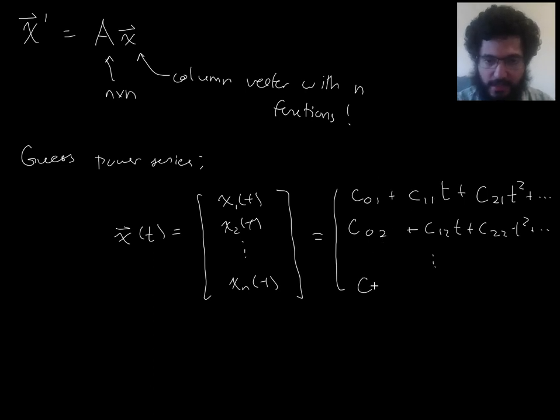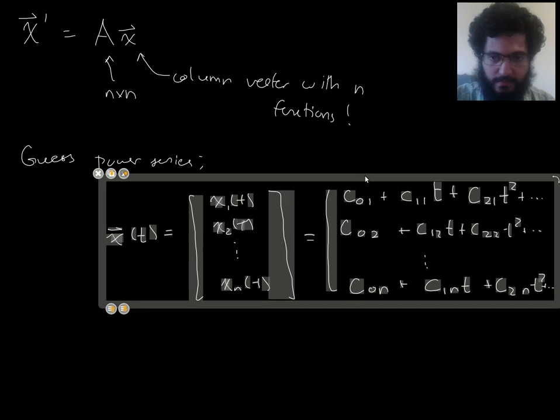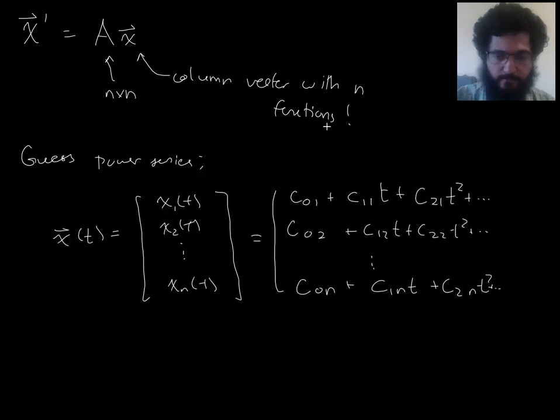So here we have C0n plus C1n t plus C2n t squared plus, and so on. I don't know why I didn't give myself room here. So each of these we're assuming is this infinite sum.